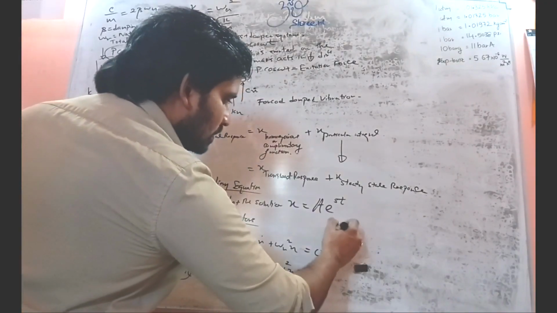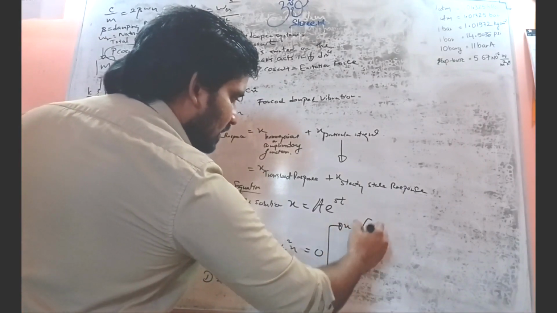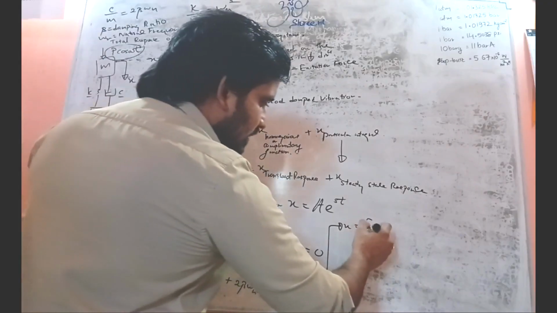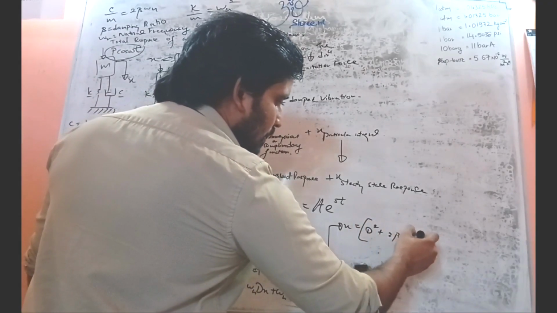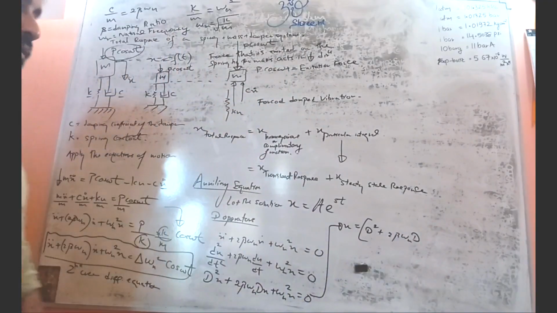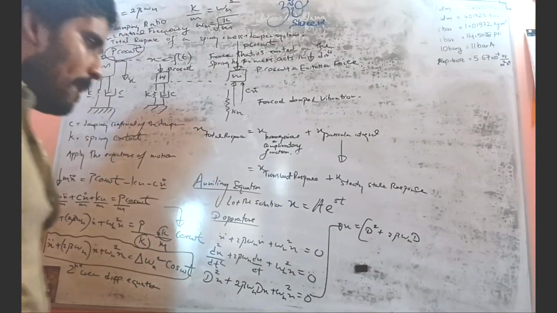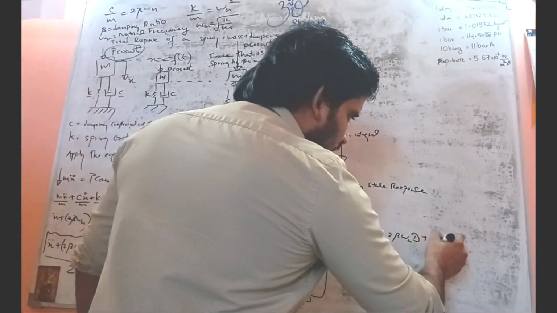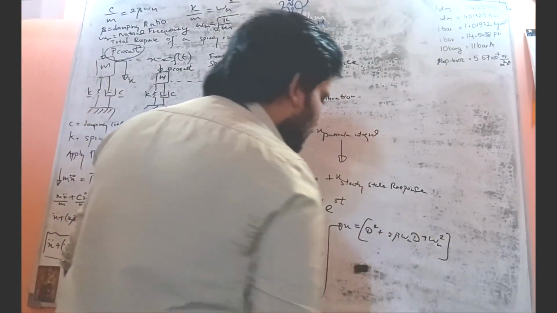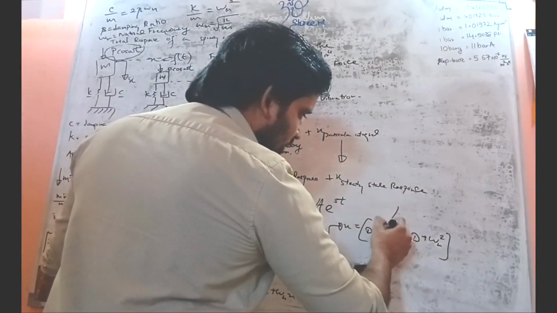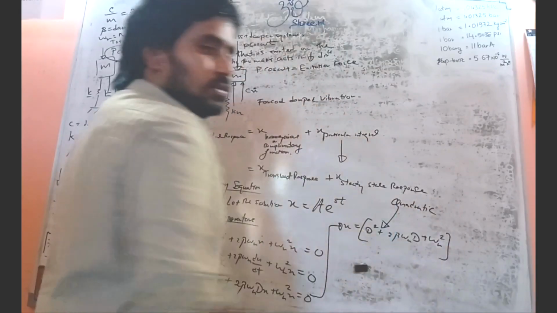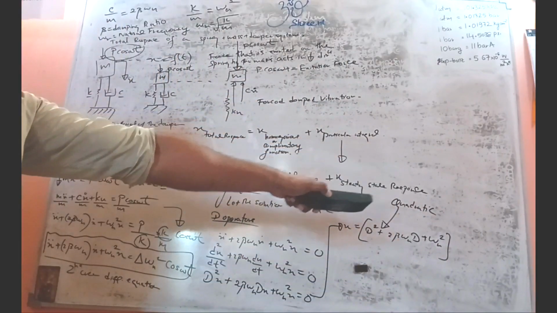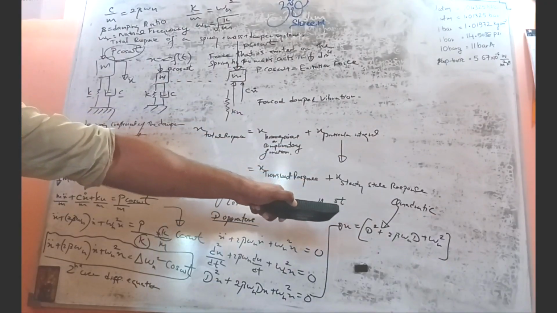So if you take this x out, I can say D squared plus 2 beta omega n D plus omega n squared. So now this is actually a quadratic.